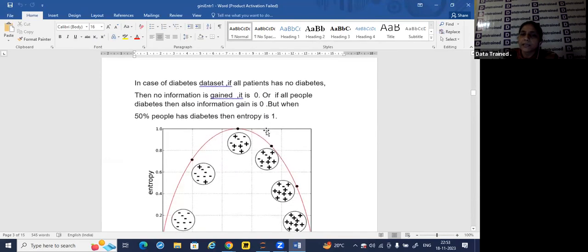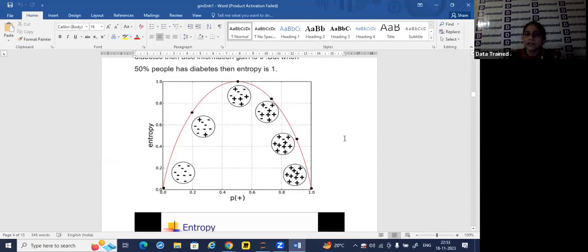Okay, suppose my data set is there. Inside my data set, if the entire data is the same, this is 0 entropy. Here also the entire data is the same, this is 0 entropy. And here, see, some mix of the data is there.